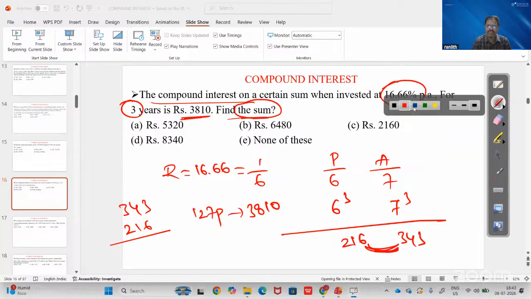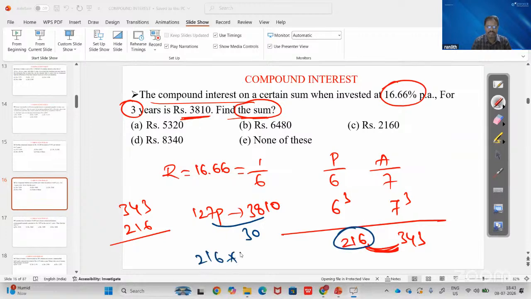So that will be equal to 30 parts. Find the sum is nothing but principal will be equal to 216. 216 into 30 is equal to 2 3 is a 6. So the answer equal to 6,480. Answer is 6,480.